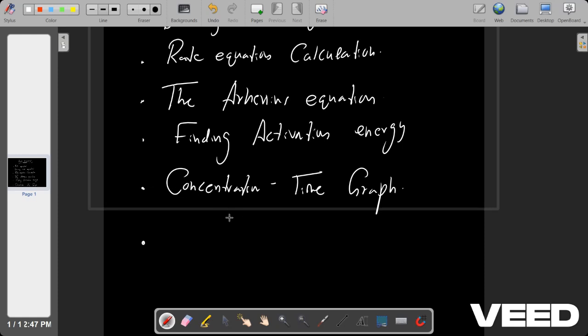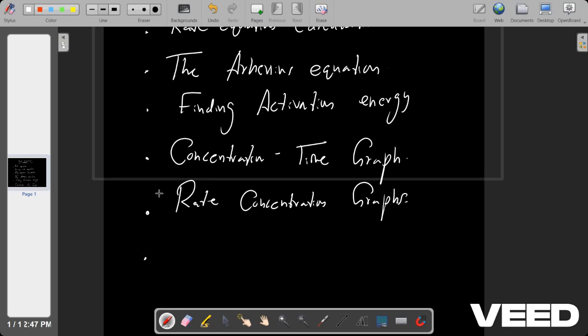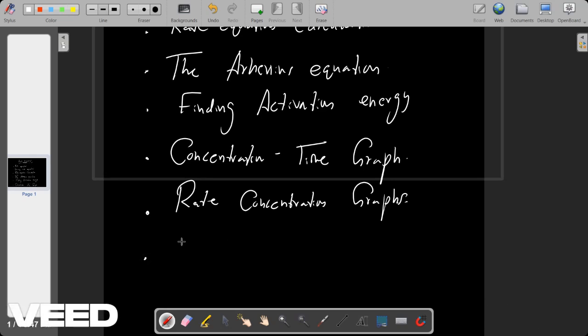Rate concentration graph. Rate determining step.